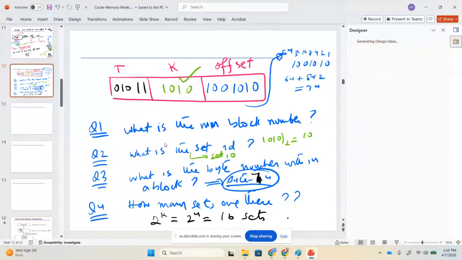And what is now the main memory block number? So now I'm going to answer this question. I already did it in the last thing, so I'm going to copy this and paste this.